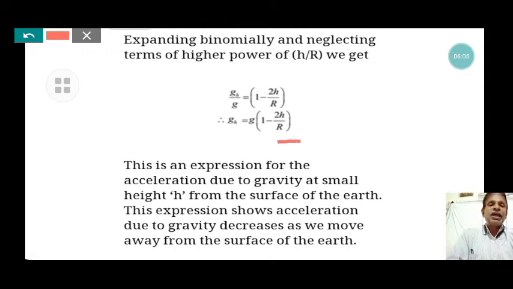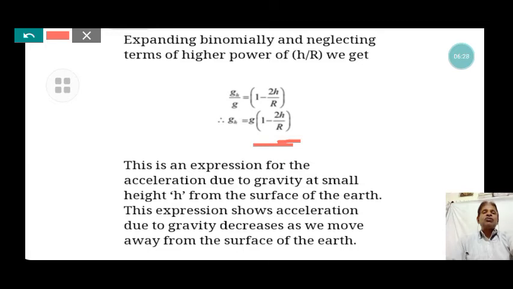From this expression we can easily find the acceleration due to gravity above the earth's surface at a height h. g is the acceleration due to gravity at the earth's surface, and we multiply by 1 minus twice h by R to get the variation of the acceleration at the height.